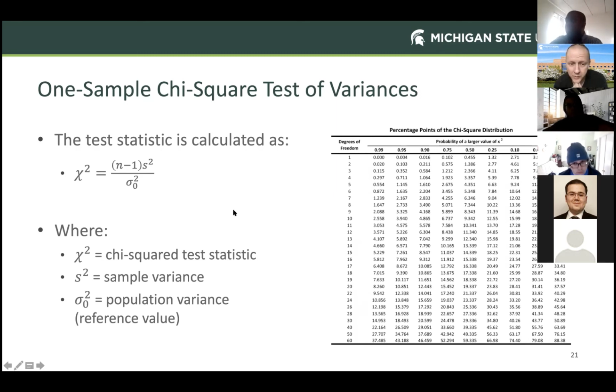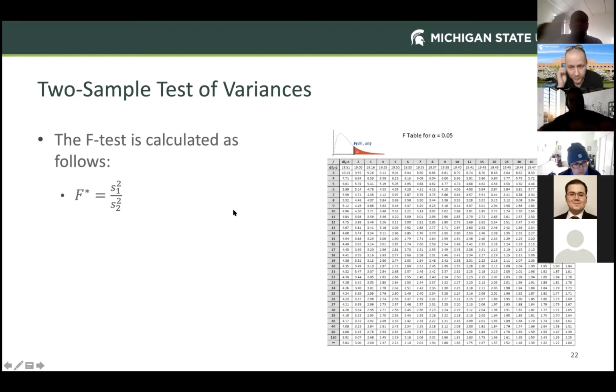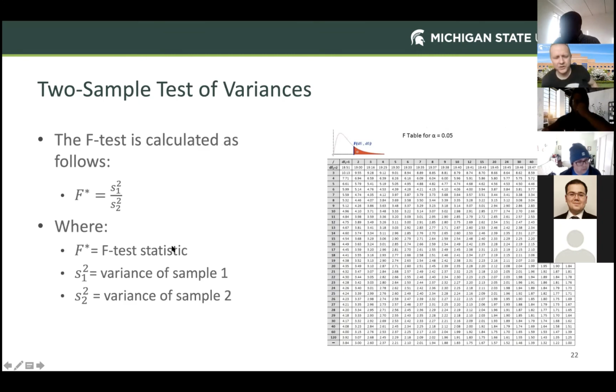We also frequently will compare the variances between two samples. And so again, this is probably about the easiest test that we'll run. So the F test is just the ratio of those respective variances. And so you just take one variance divided by the other. It's completely arbitrary which one is in the numerator or the denominator here. You'll just want to make sure you choose the correct critical value.